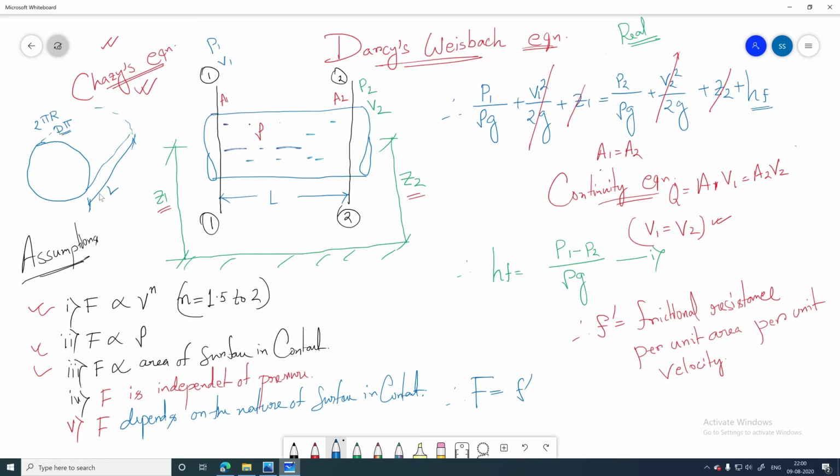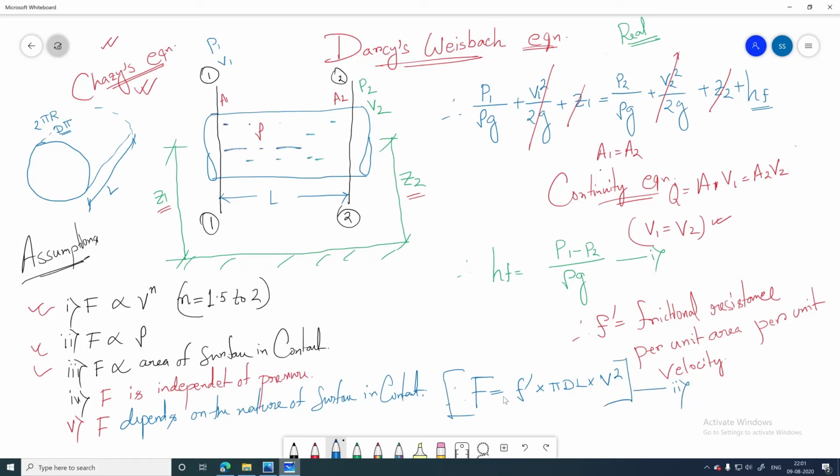That will be pi dL, right? So F equals F dash into pi dL into V square. Here it is also proportional to V square. So this is another equation, give it equation number 2.